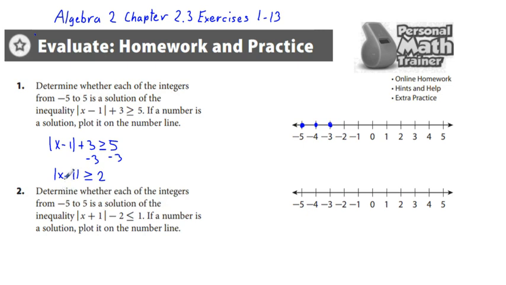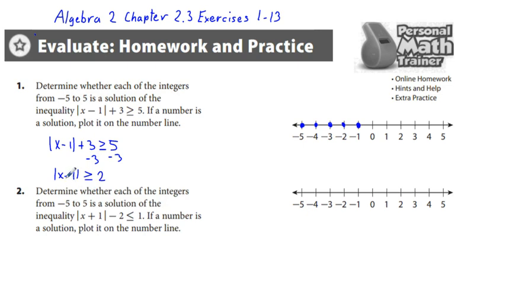If we plug in -2 minus 1, well, that's -3, that becomes positive, which is greater than or equal to 2. And then if we plug in -1, well, -1 minus 1, that's going to be -2, but that's going to be +2, which is not greater than, but equal to, so -1 would also qualify. And so that becomes a boundary point.